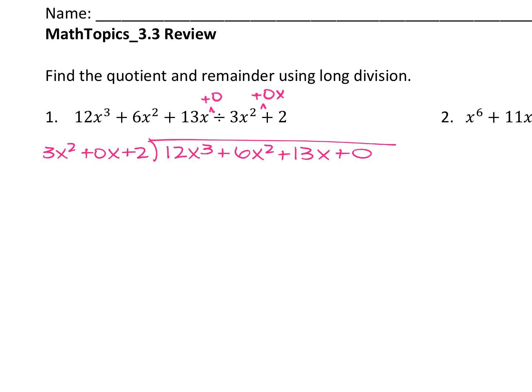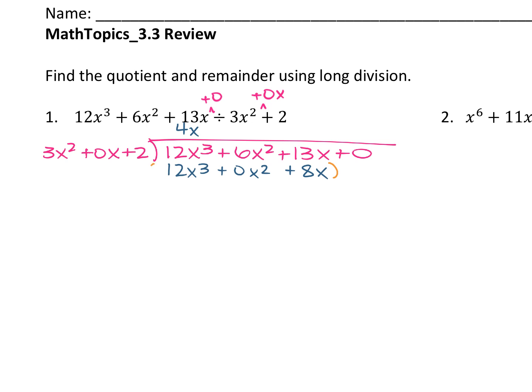From here, start with the 3x squared and the 12x cubed. That 3x squared multiplies by 4x to make it 12x cubed. We're going to multiply that 4x by the 0x and the 2 as well. Put those two terms underneath the 6x squared and the 13x. So 4x times 0x is 0x squared. 4x times 2 is positive 8x.